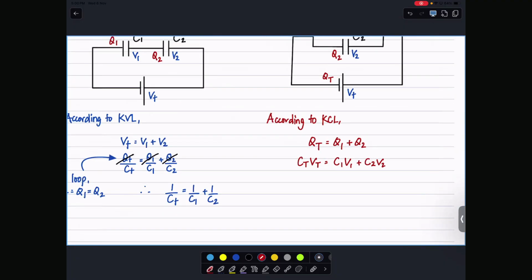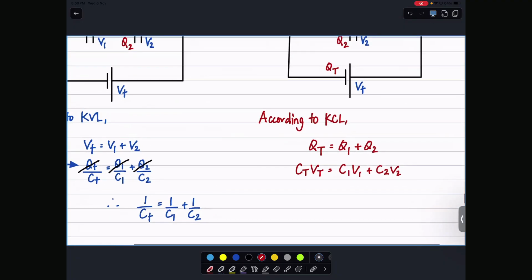And in parallel circuit, V total is equal to what? V1 equals V2, right? So if that's the case, what can I do to the V's here? Cancel them out. And this is very easy. The parallel combination for capacitors is essentially that.